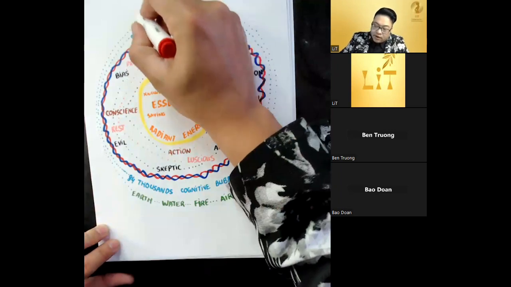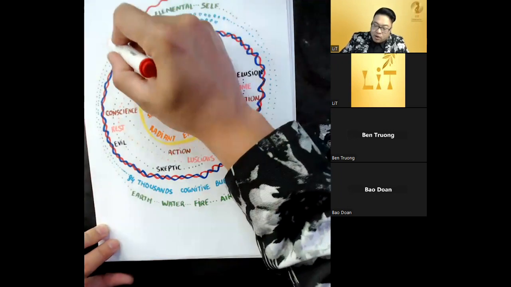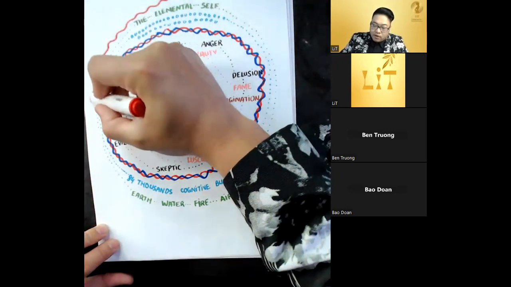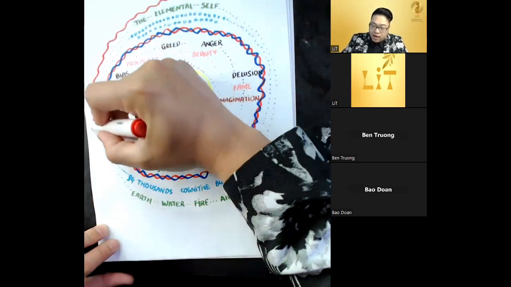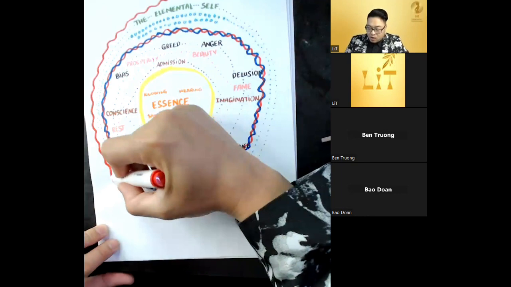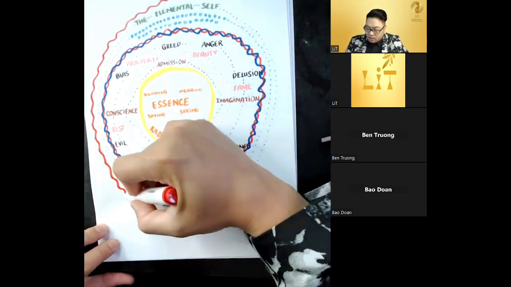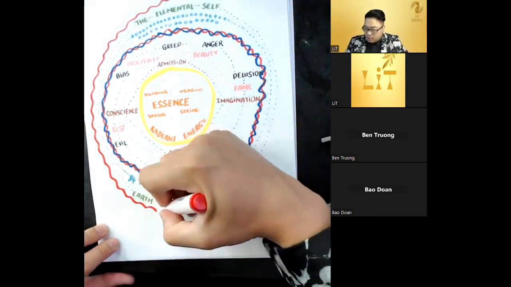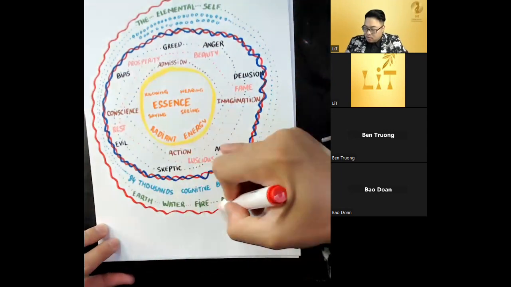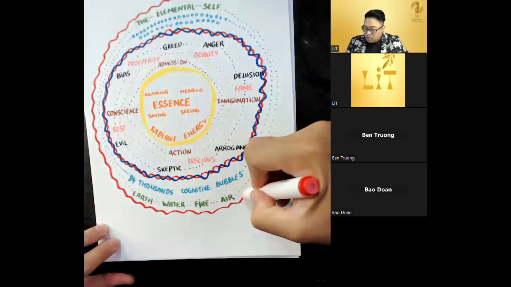It's very relaxing when I draw the human structure. I highly recommend you try and draw it. There is something very, very beautiful when I draw this.